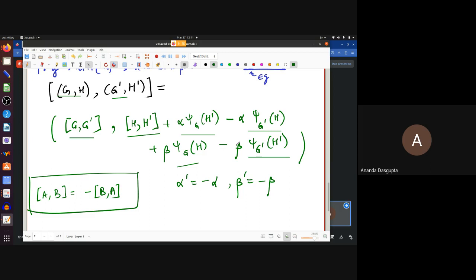Okay, what's the next property that we should look at? Jacobi. Well, actually, there's one more, which should have been looked at perhaps even before. The linear one. Linearity, right? Yeah. That is, if you replace either G, H or G prime, H prime by a linear combination of two elements, like C1 G1, H1 plus C2 G2, H2, then the overall result will be linear.